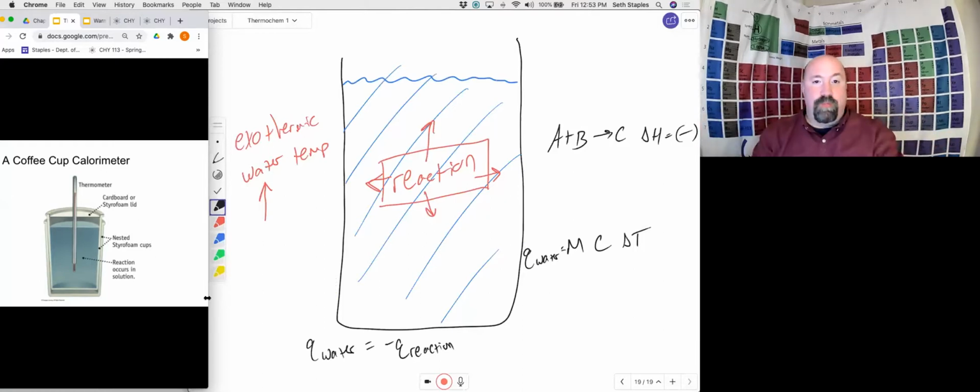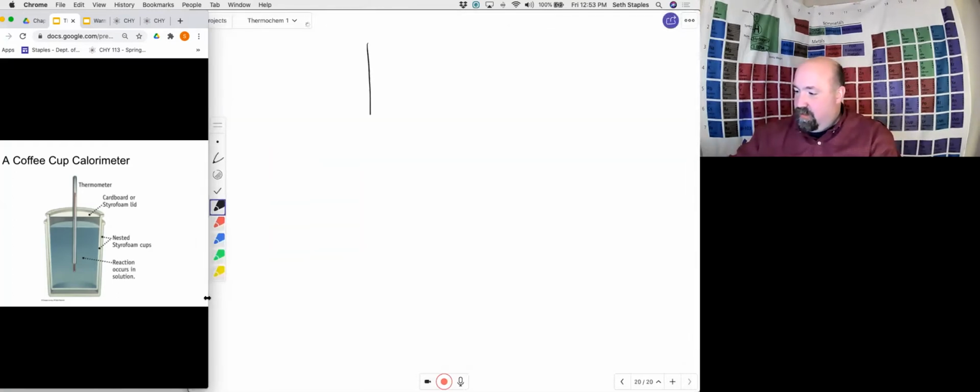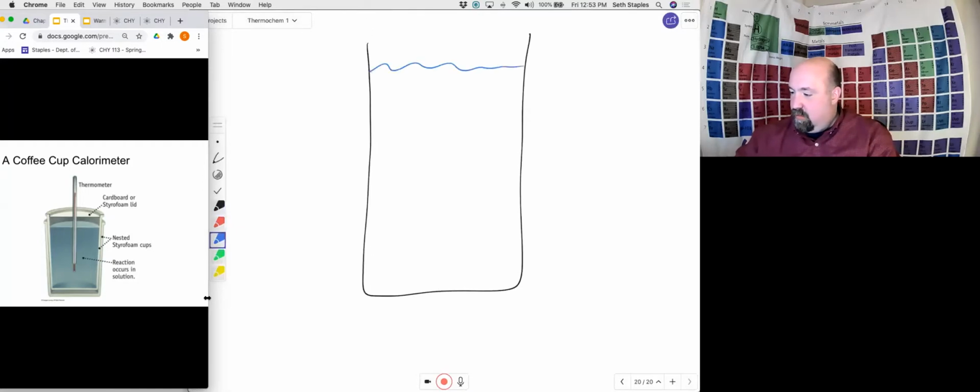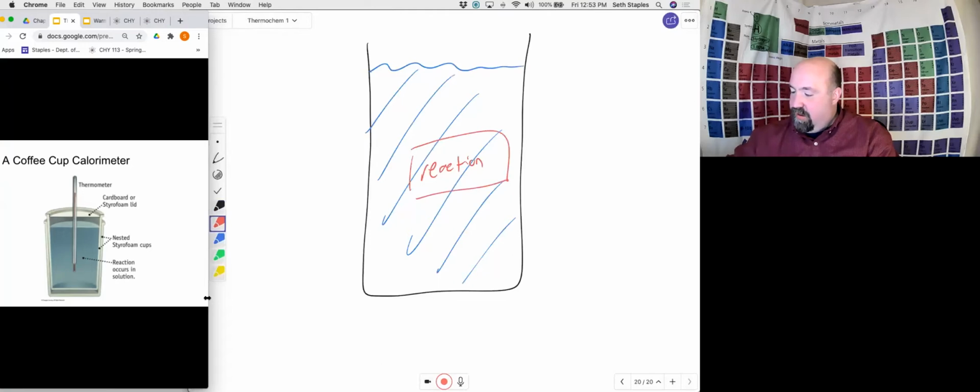Same thing would be the case if this were an endothermic process, if the reaction had to take in energy. Again, we've got our calorimeter here, we have our water, and our reaction occurs.